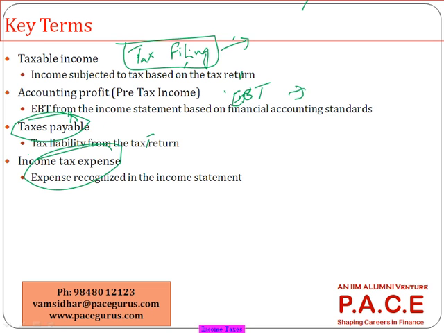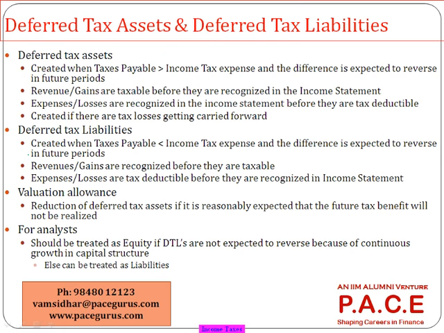It may be higher in some years, it may be lower in some years, right? It may be higher in some period, it may be lower in some period, and that adjustment is what will go into two terms called deferred tax assets and deferred tax liabilities.